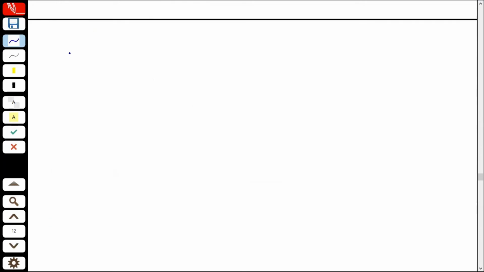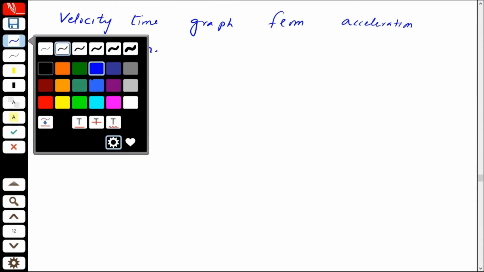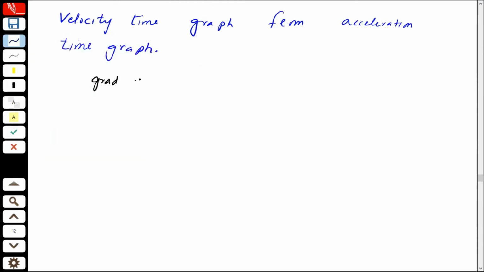Now I will get the velocity time graph from the acceleration time graph. We know that the gradient of the velocity time graph is acceleration.